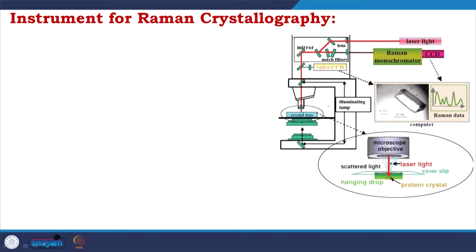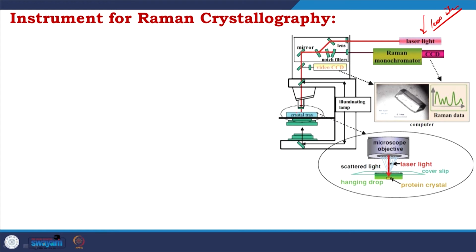So, this is the crystal tray. You put your crystal here, and you have the video CCD, you have the Raman monochromator, and you have laser light. You could use the laser at low intensity or not use it.